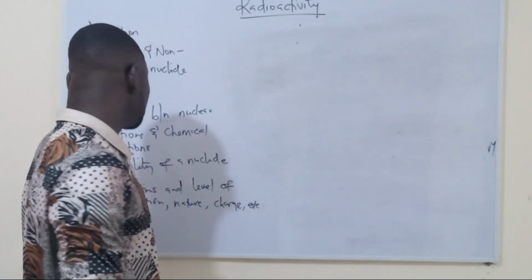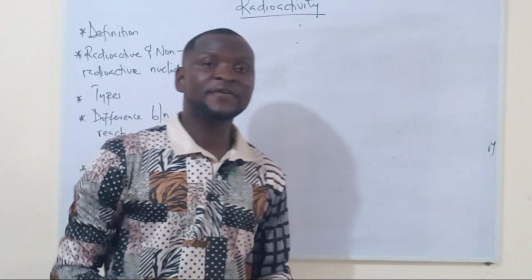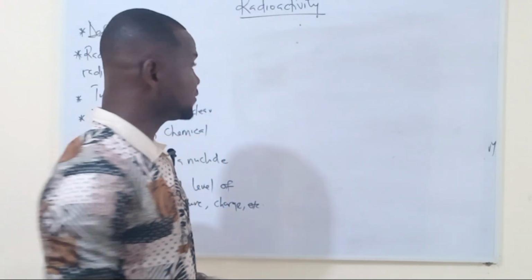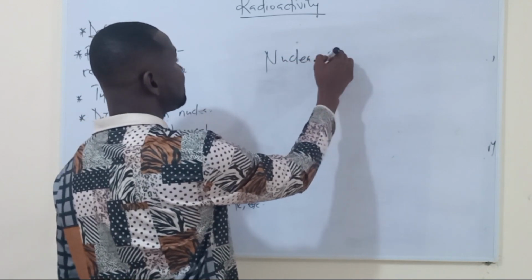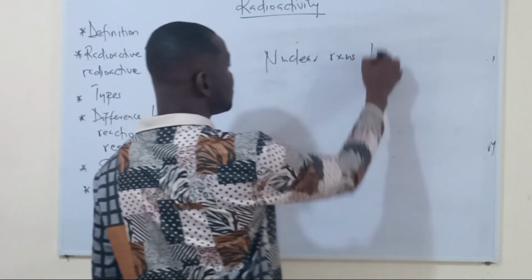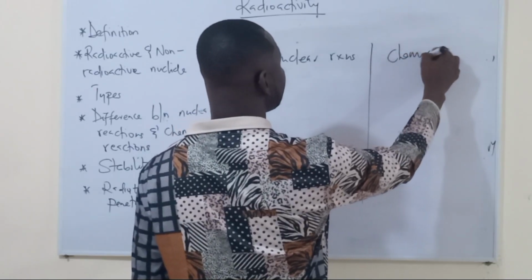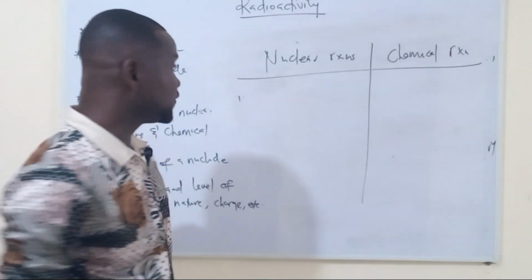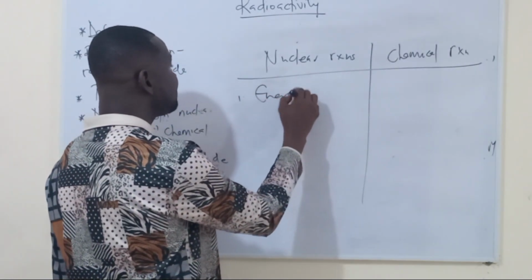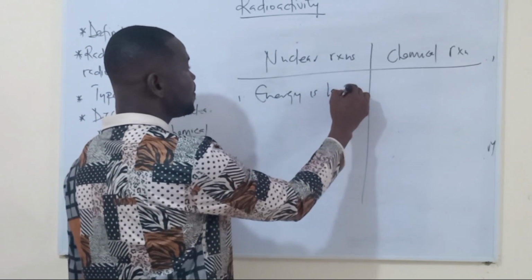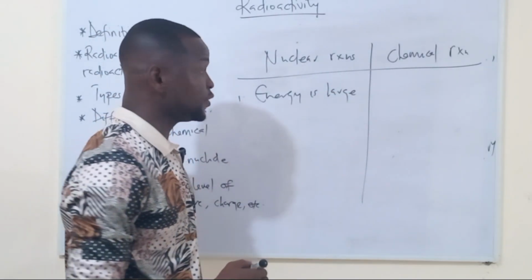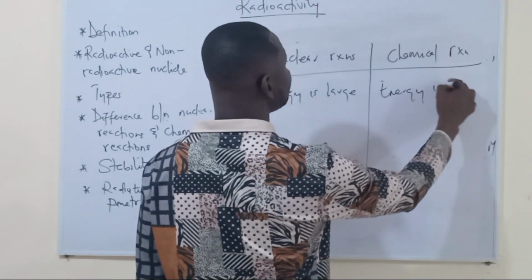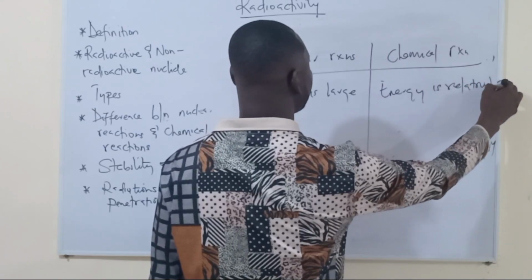The next thing we want to look at is the differences between nuclear reactions and chemical reactions. For nuclear reactions, the energy involved is large. There is larger energy being produced, but the energy here in chemical reactions is relatively low.